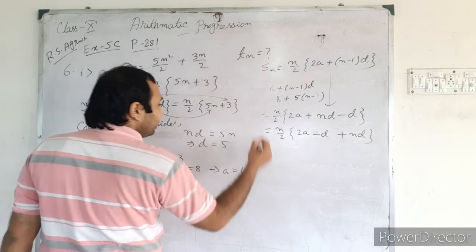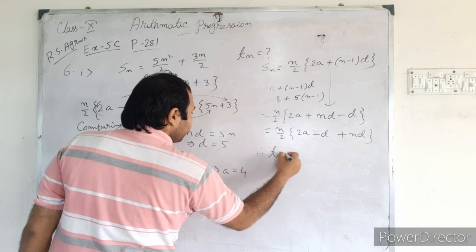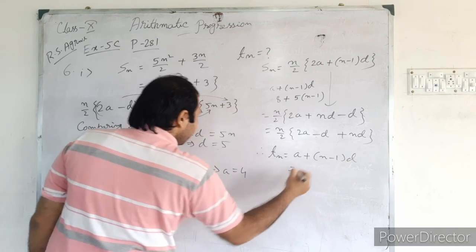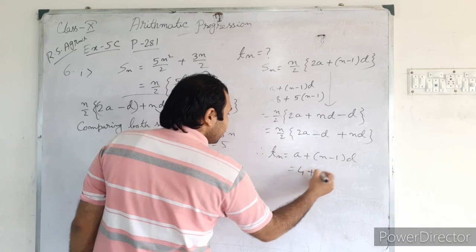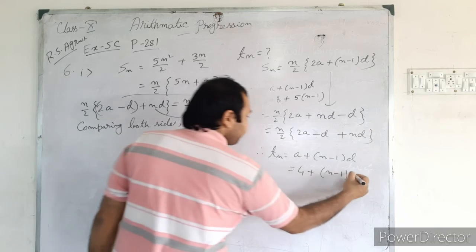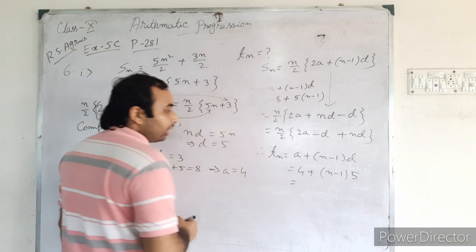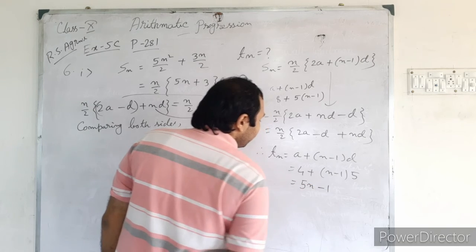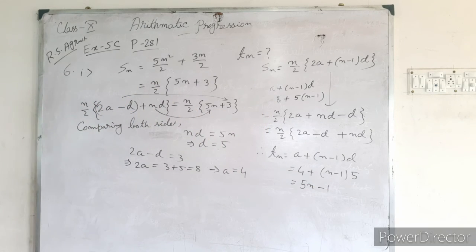Now we have to find Tn. So Tn equals a plus (n minus 1) into d. a means 4, plus (n minus 1), and d means 5. So altogether, if we calculate this, 5n minus 1 is the result. So the nth term is 5n minus 1.